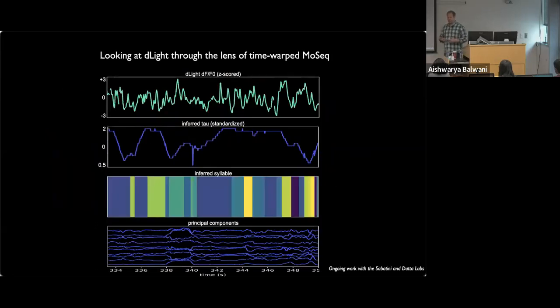And so we're looking at this D-light signal through the lens of time-warped MoSeq, and we're asking to what extent is this D-light signal correlated with the inferred time constant and the inferred syllables, and maybe even the principal components of the mouse's body posture over time?